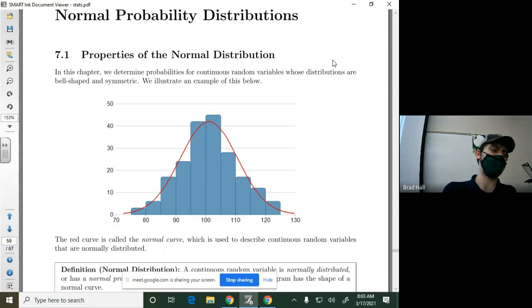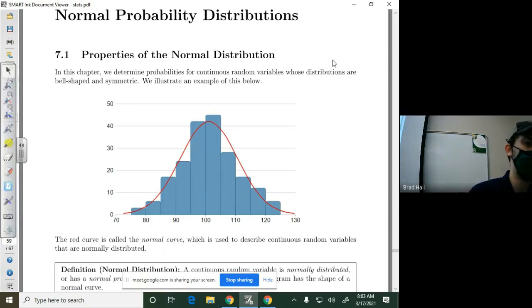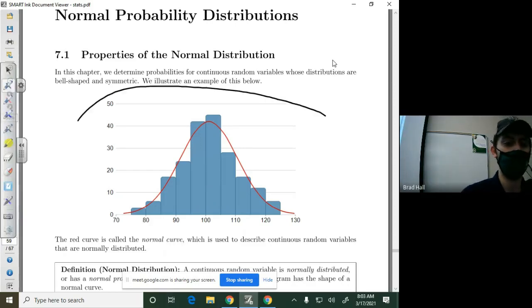We could technically look at 2 of these, but I chose to just look at one in particular called a normal distribution. That's going to be the most important continuous random variable that we look at. So we're looking at normal random variables here. And when I say normal, I mean any data set whose values are bell-shaped and symmetric.